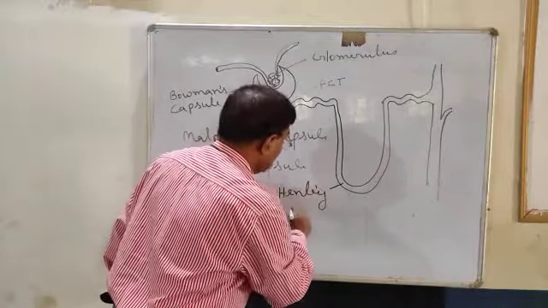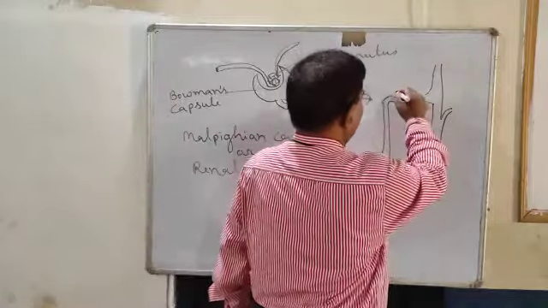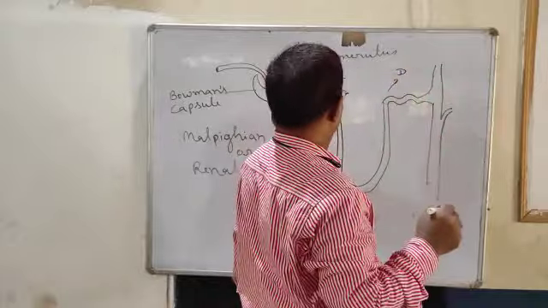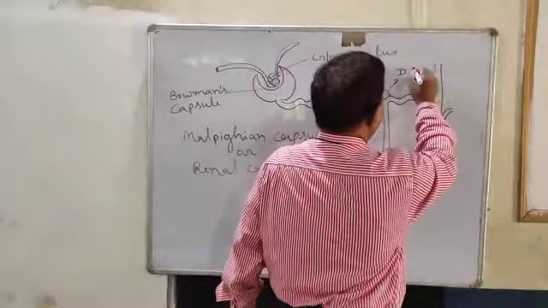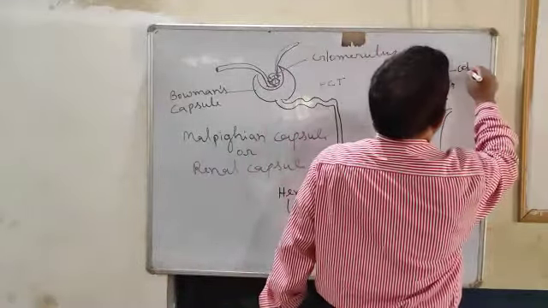And this convoluted region is called the distal convoluted tubule, short DCT. And it is the collecting duct.